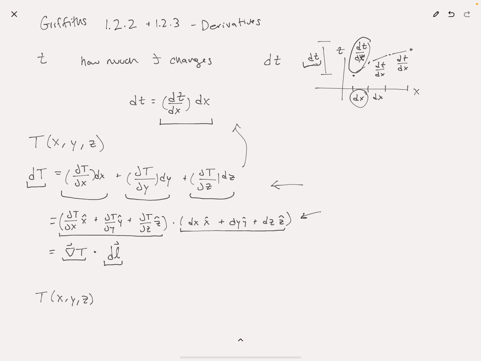I can rewrite dt above with our formalism of taking the magnitude of my gradient times the magnitude of my displacement times the cosine of the angle between them. Let's just draw that for fun. This is my gradient vector. This is my infinitesimal displacement vector, and this is the angle between them.